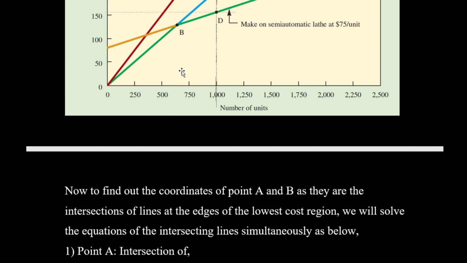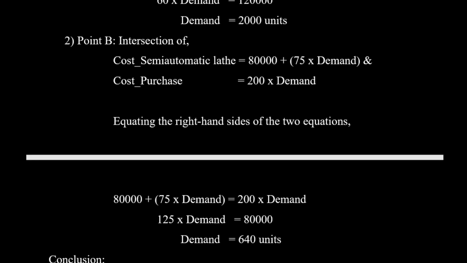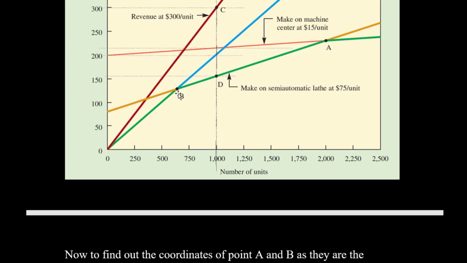So if you can clearly see this, what is the choice here? Up to 640 units, this line will give you the lowest cost and hence the highest profit. The vertical distance between the red line, the revenue line, and the cost line at any point gives you the profit.